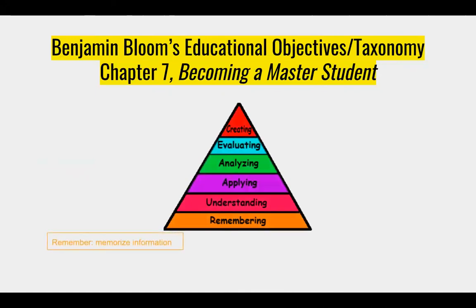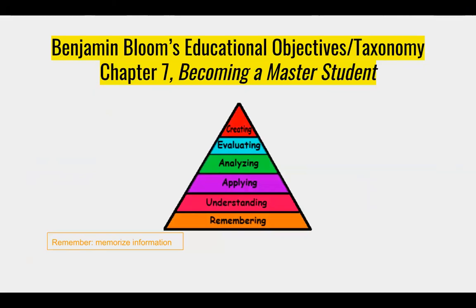The first level is called higher and lower order of thinking or learning. The lowest order, or most basic way to learn something, is to remember it, to memorize it.